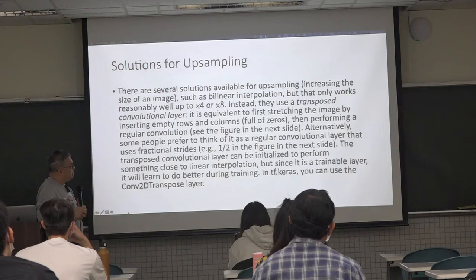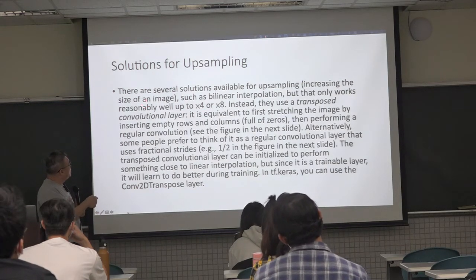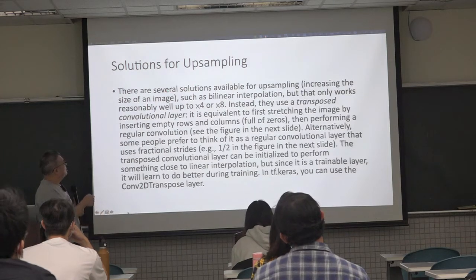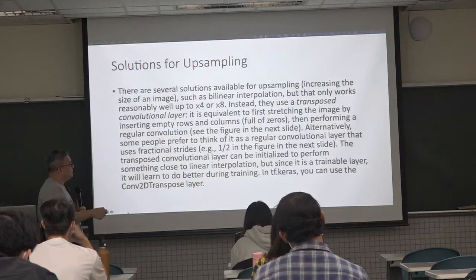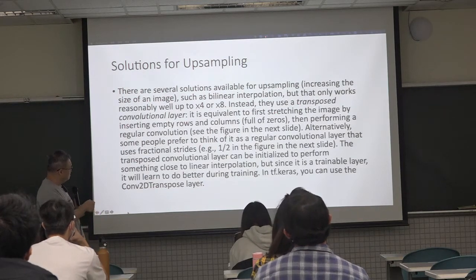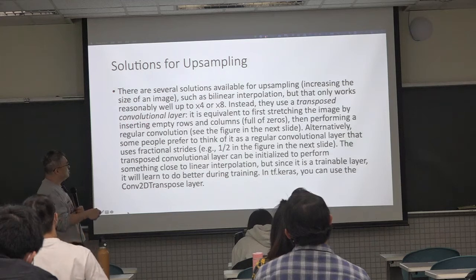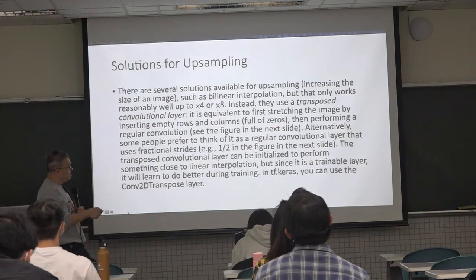But if you want to upsample the image to bigger than 8 times, you can use what we call a transpose convolution layer. It's equivalent to first stretching the image by inserting empty rows and columns, which contain all 0s, then performing a regular convolution.